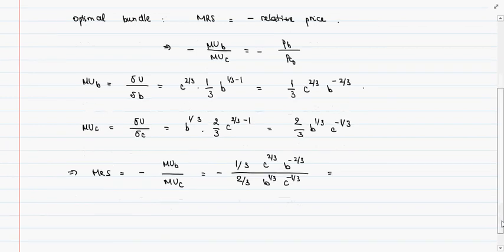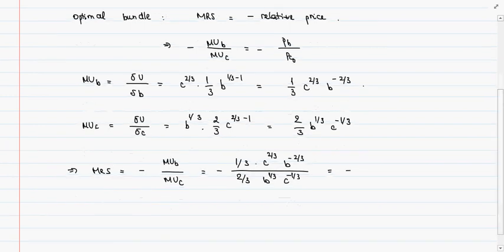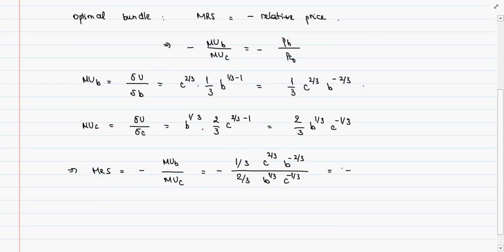Now I just have to simplify this. A third divided by 2/3 is going to give me a half. I want to get rid of all the negative signs in the power, so I've got C to the power 2/3 remaining there. If I move C to the power negative a third to the numerator, it becomes C to the power a third. On the denominator, I've got B to the power a third, which remains there, and B to the power negative 2/3.